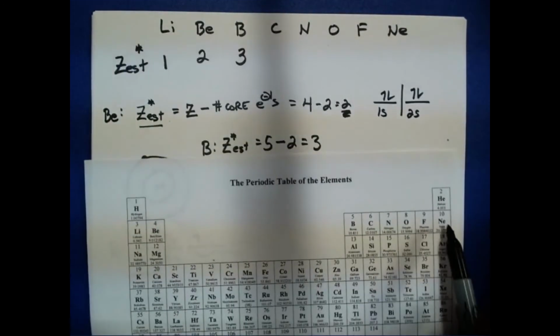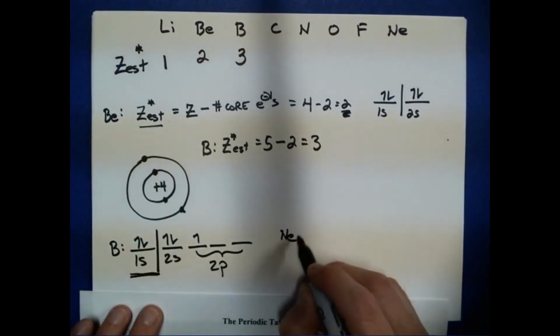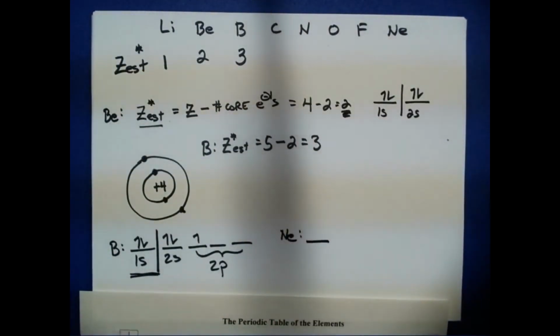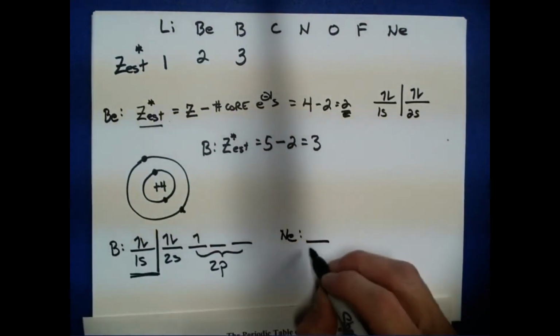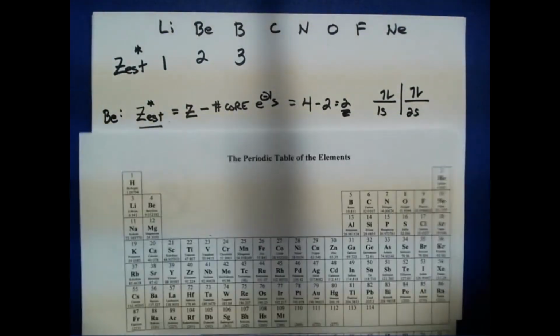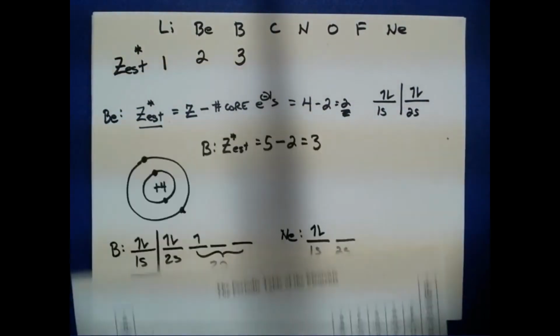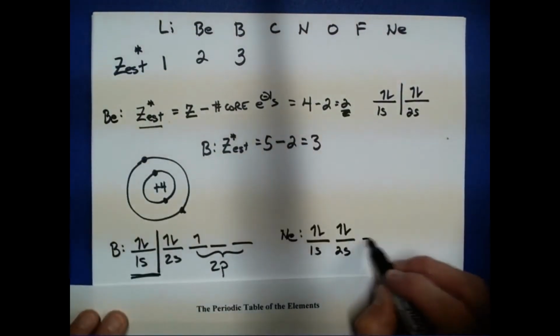So I'll just do neon for you so you can see it. So for neon, we'd have 1s2, 2s2, and then 2p, 1, 2, 3, 4, 5, 6.